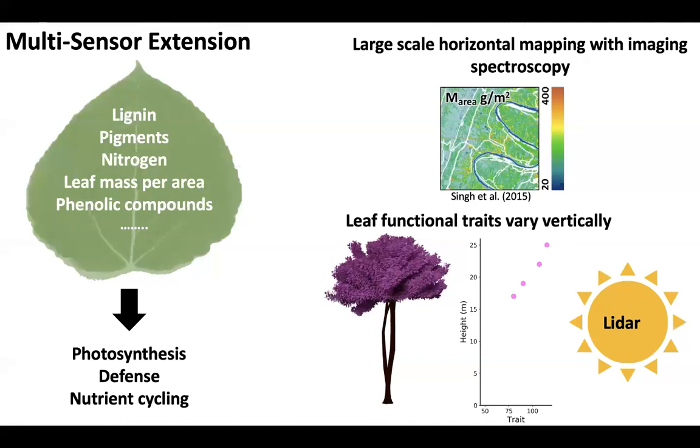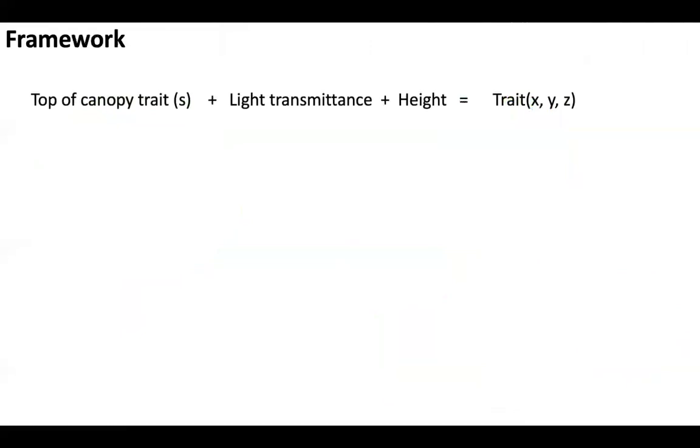But functional traits also vary vertically within a canopy. LMA would be the most obvious one, with the thickest leaves at the top and the thinnest leaves at the bottom. It's just an adaptation to harvesting light and the environment that the plant's in. Most of the work goes on at the top of the canopy, but this would allow us to get at full canopy types of work.